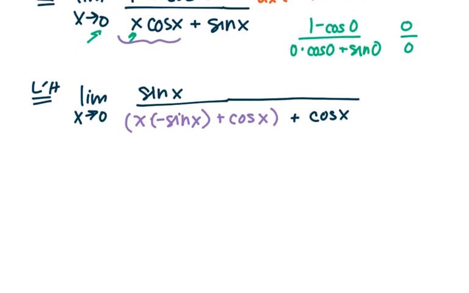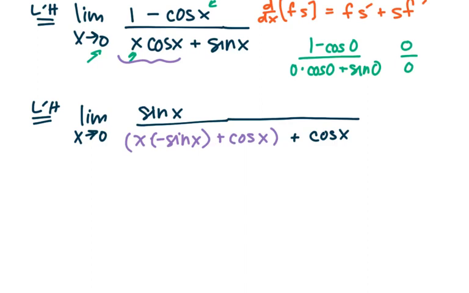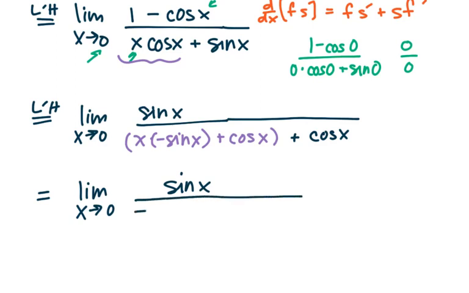Let me clean this up, not applying L'Hopital's. The limit as x goes to 0, I've got sine of x in my numerator, and negative x sine x plus 2 cosine x in the denominator.